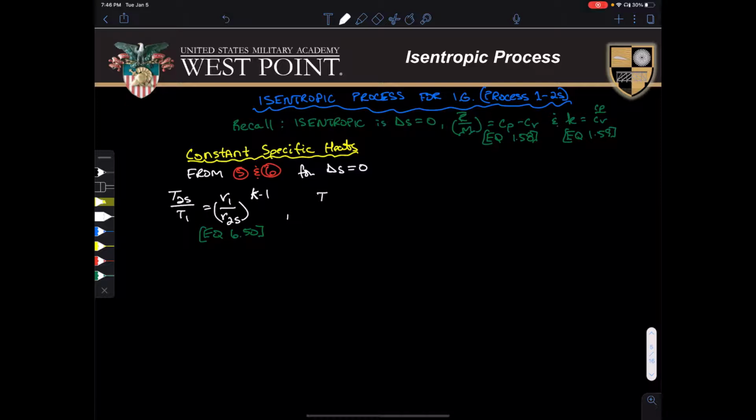Next, we can also use our ratio of isentropic temperature at state 2 divided by the temperature at 1 to relate our pressures. So we have our temperature ratio is equal to our pressure at state 2s divided by pressure at 1, and all of that raised to our specific heat ratio, k minus 1 divided by k. That's equation 6.52.